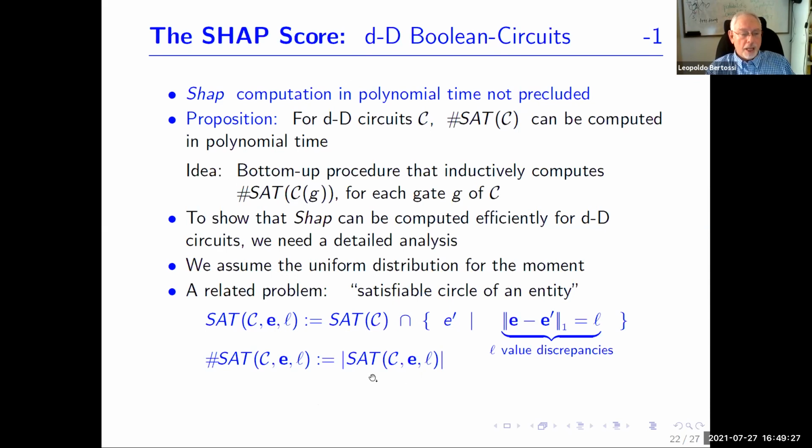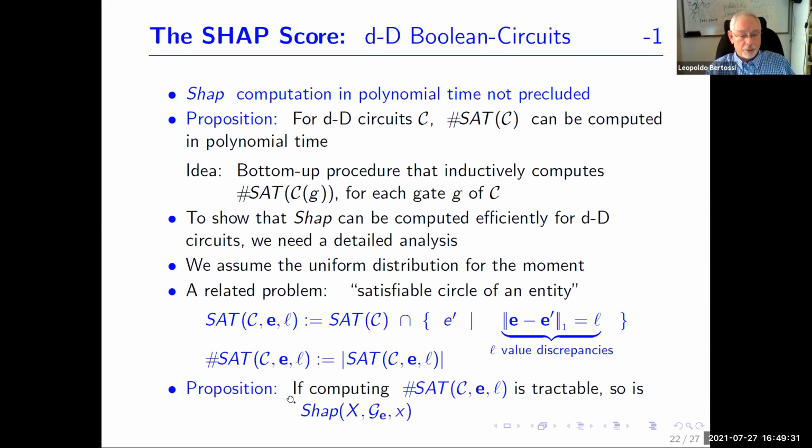And this will be closer to SHAP. Actually, one can prove that if we can compute this #SAT in polynomial time, it is also possible to compute the SHAP value that we are looking for in an entity E with the associated gain function. So now the problem is how to do this.